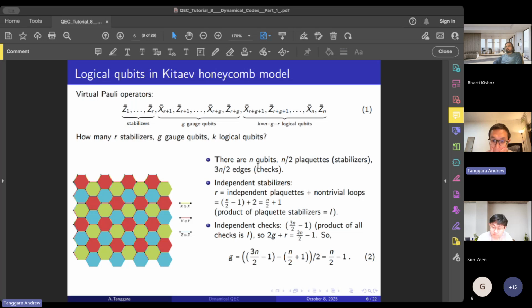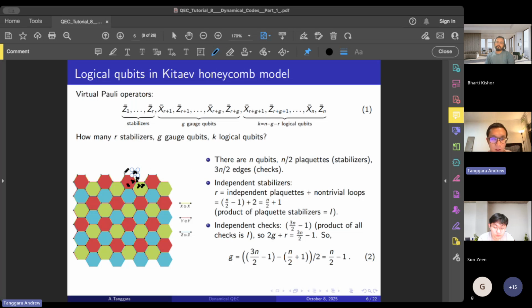Now I have to look for how many independent checks. If I take the product of all checks, I'm going to get the identity as well. If this is XX and this is YY, this is ZZ, then this middle qubit is going to be the identity.